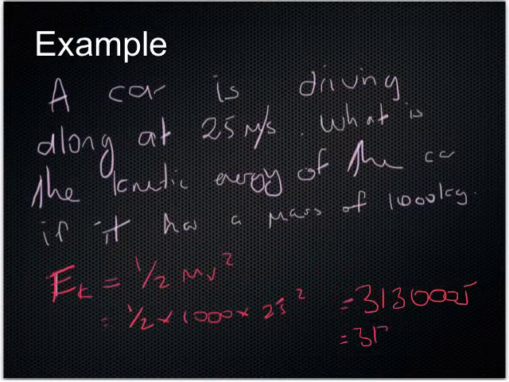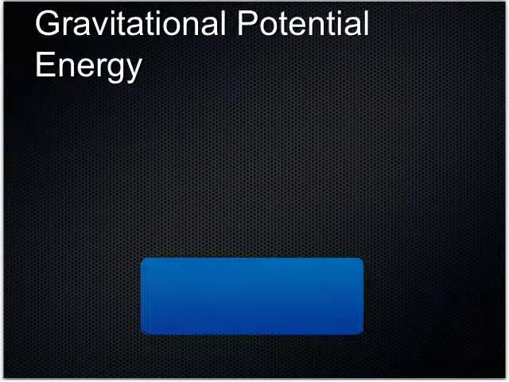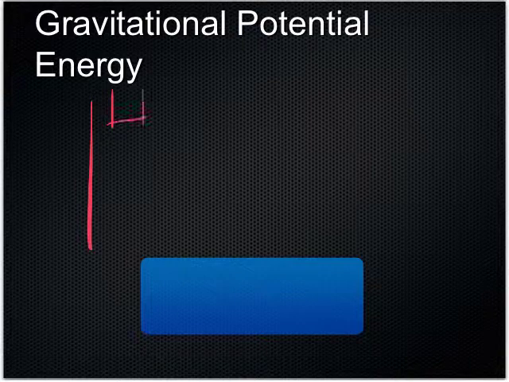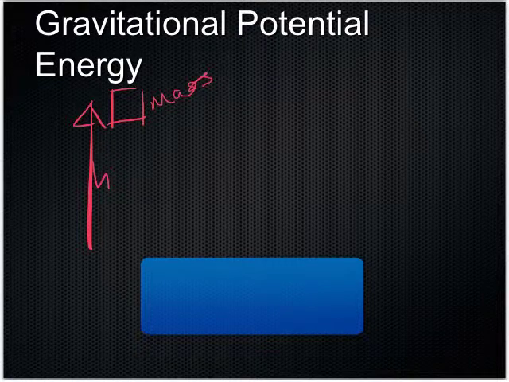or 313 kilojoules. So gravitational potential energy, this depends on the mass at a certain height, h, okay? It's given by this formula, EP equals mgh.